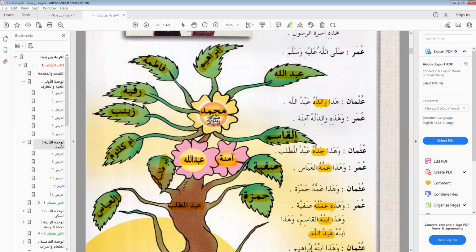Fatima, Ruqayya, Zainab, and Kulthum. Those are the ladies. So 7 children in all, 3 boys and 4 girls: Al-Qasim, Abdullah, Ibrahim, Fatima, Ruqayya, Zainab, and Kulthum. They are easy to memorize. So that's the little about our Prophet, sallallahu alaihi wasallam.